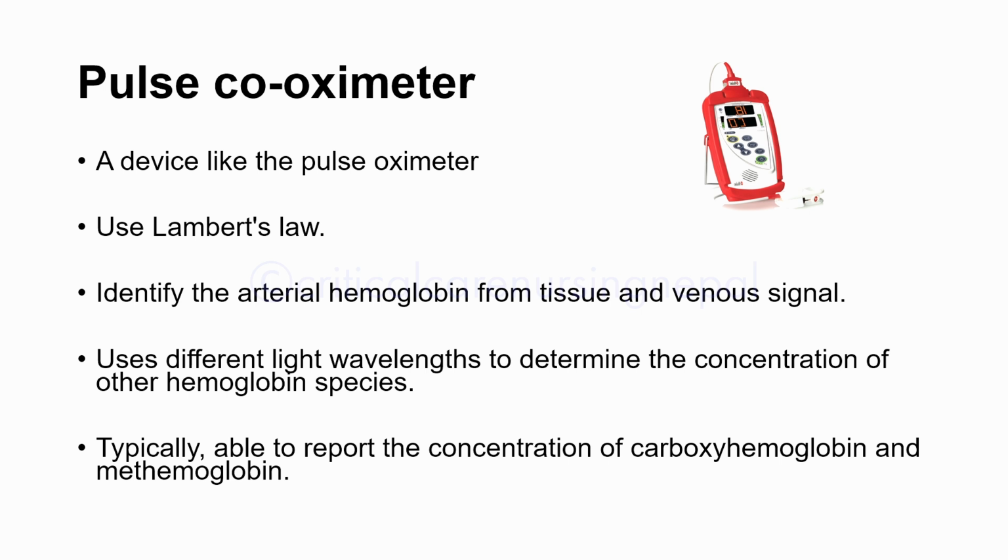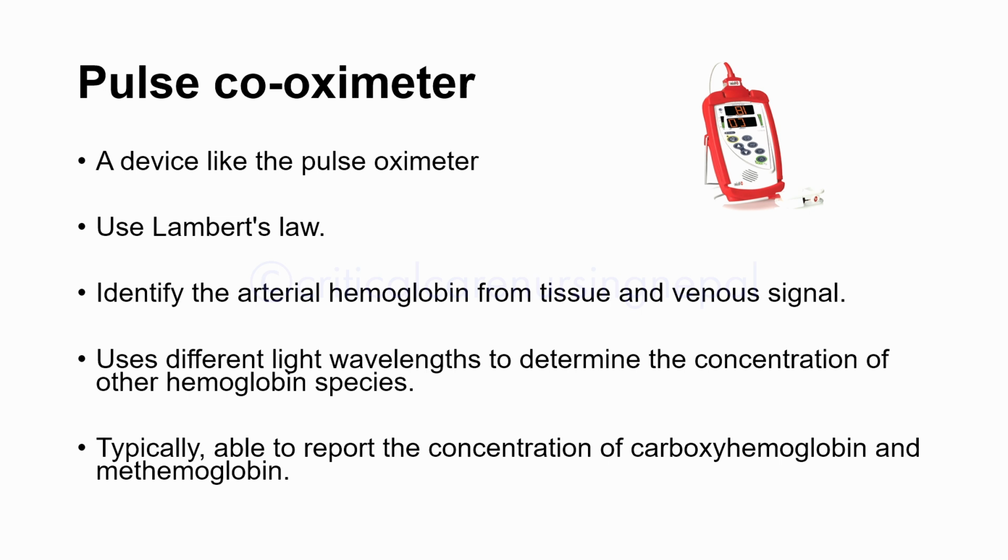I also want to tell you about pulse co-oximetry. It is a device like a pulse oximeter which uses Lambert's law. It identifies arterial hemoglobin from the tissue and venous signals, but it adds more wavelengths.